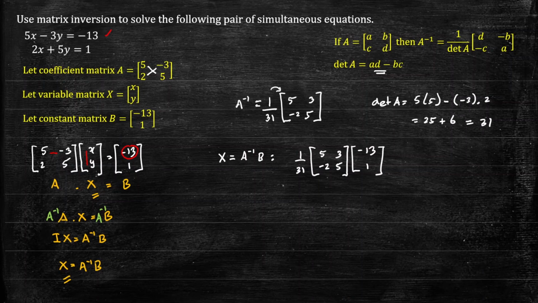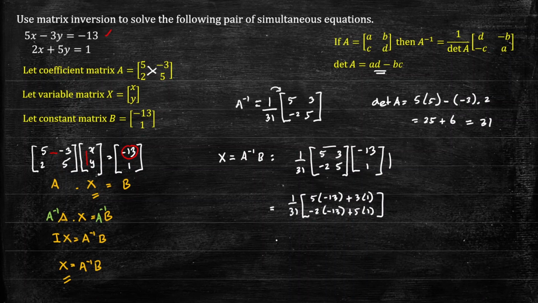Now we'll do some matrix multiplication. So we have 1 on 31 times 5 times negative 13 plus 3 times 1. So remember, rows by columns. And then we have negative 2 times negative 13 plus 5 times 1.